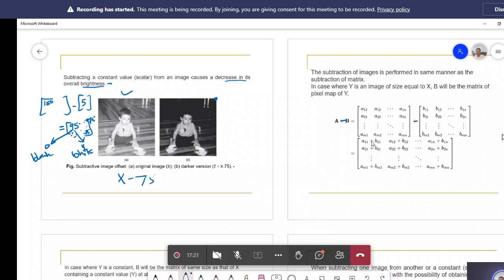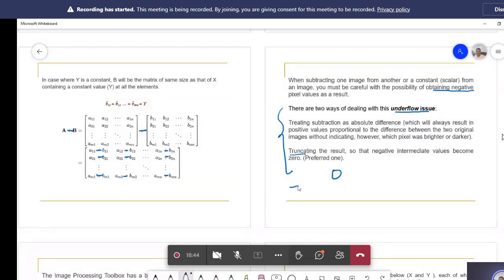Treating subtraction as absolute difference, which will always result in positive values proportional to the difference between the two original images without indicating, however, which pixel was bigger or darker. The other is truncating the result so that negative intermediate values become 0. So from here, this is the thing which I have to write: 0. Okay, if you are getting a negative value, you have to write 0.